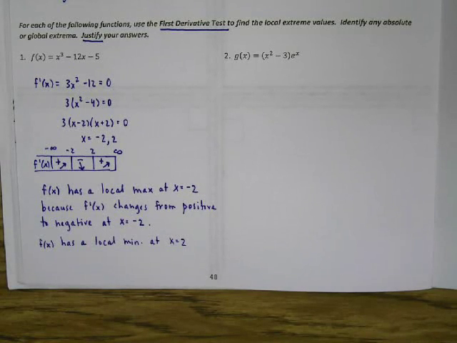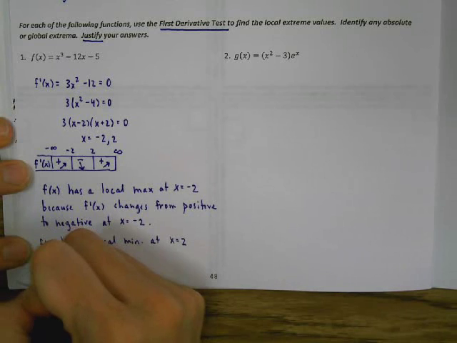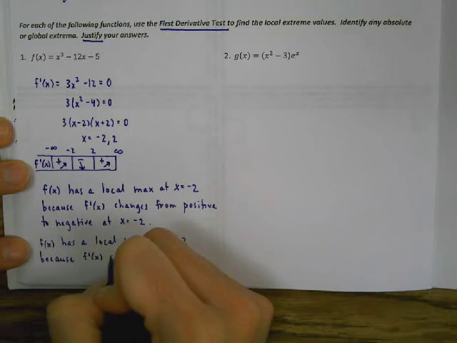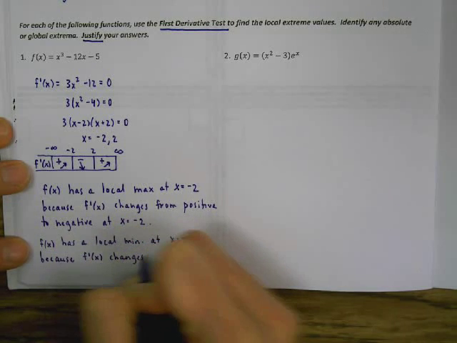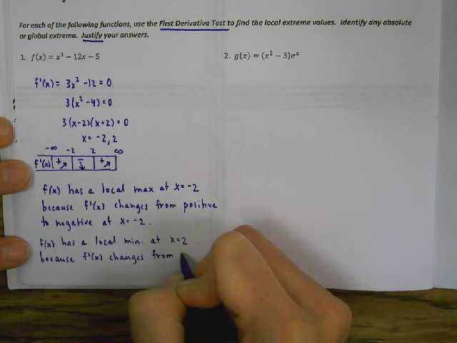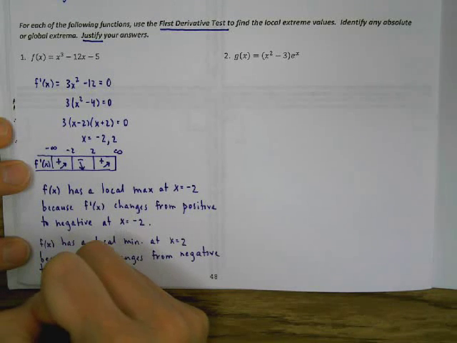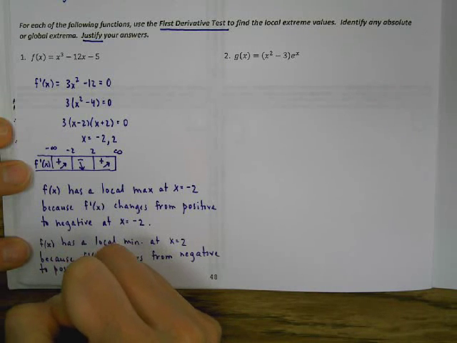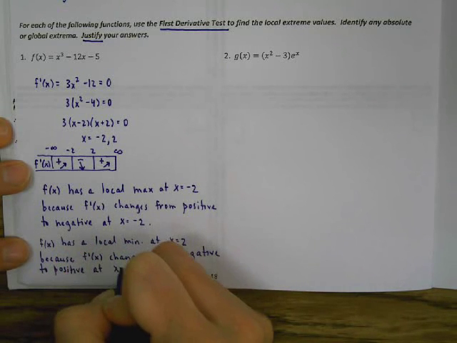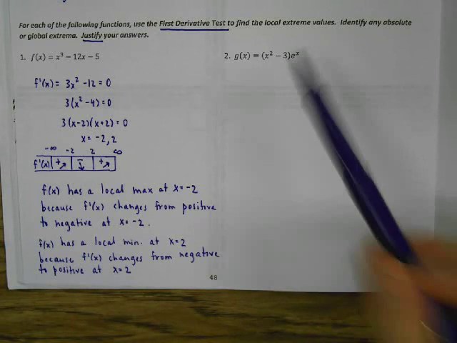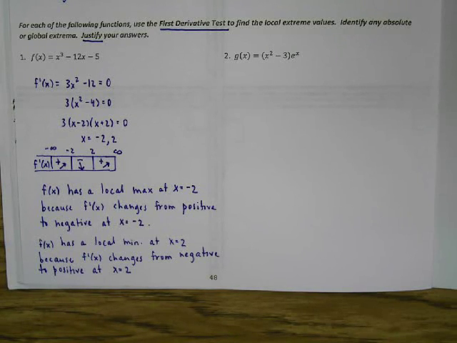And again, we're going to justify using that derivative test because f prime of x changes from negative to positive at x equals 2. So that's finding our local extreme values and justifying using the first derivative test.